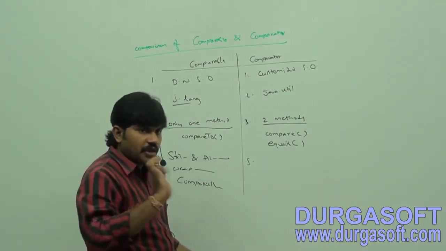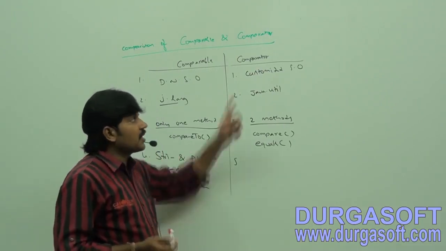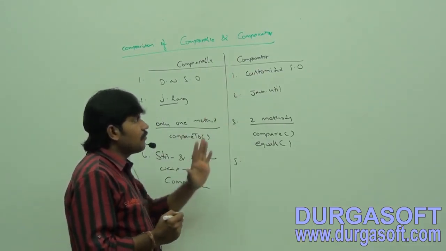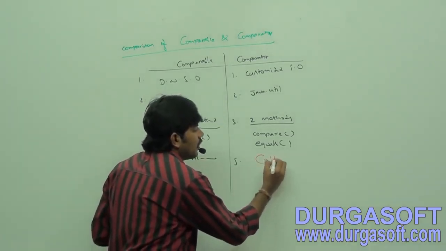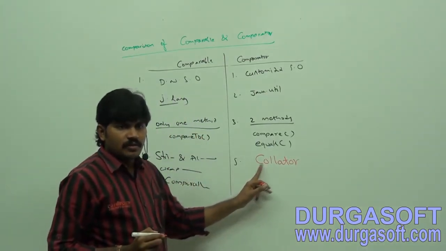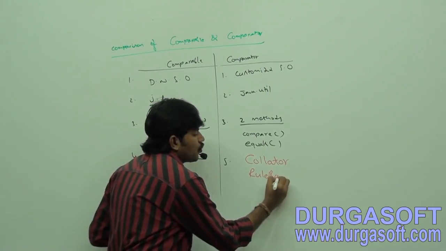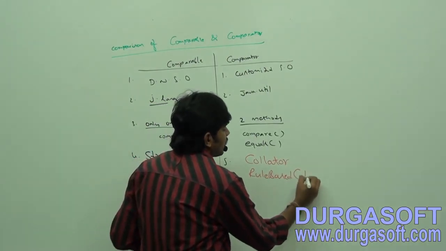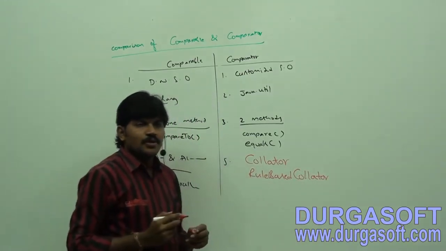Okay, but only two classes implement comparator. If you search very carefully in the total API, there are two classes which implement comparator. The only implemented classes of comparator are, can you please read what is this one? Collator and RuleBasedCollator.